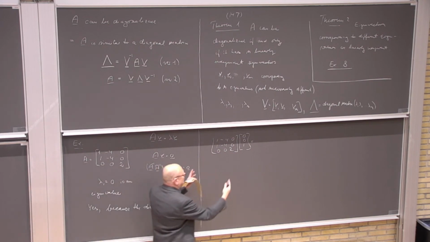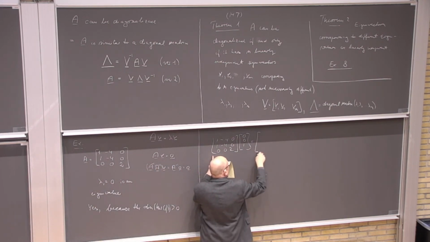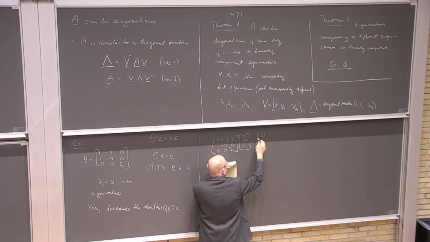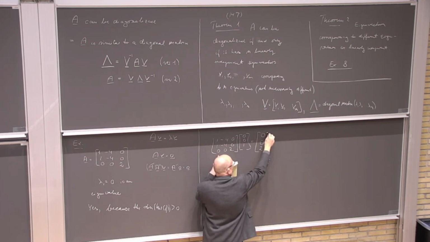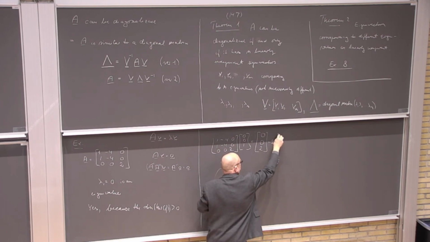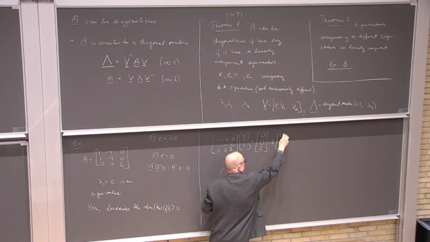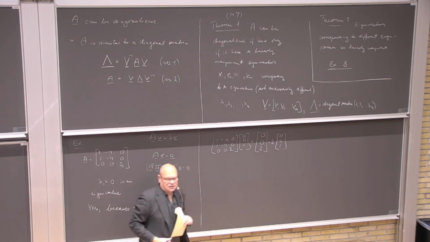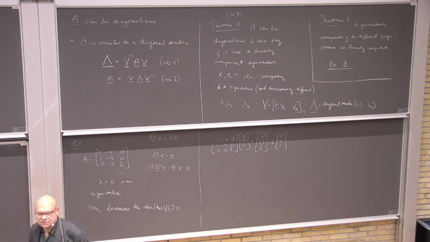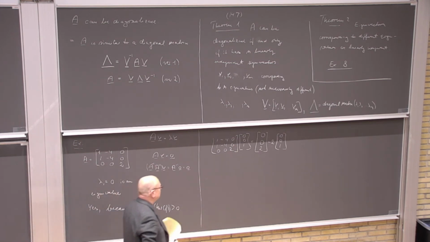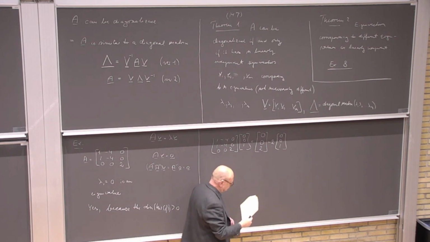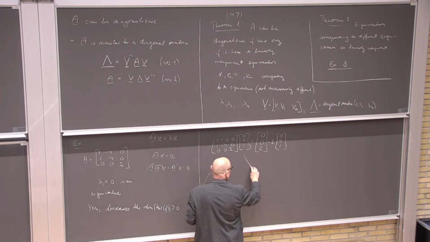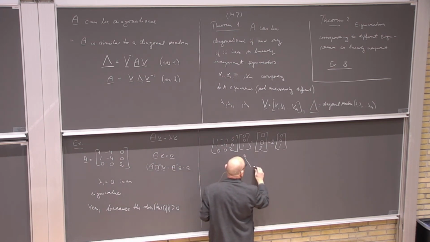So I do the matrix vector product, and I get 0, for the next line 0, and then 2. And this is 2 times the vector. So yes, 0, 0, 1 is an eigenvector with the eigenvalue 2.